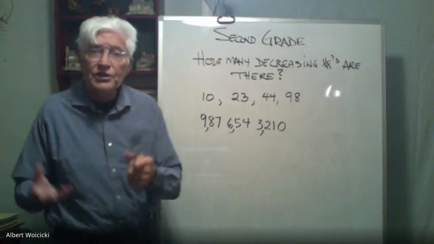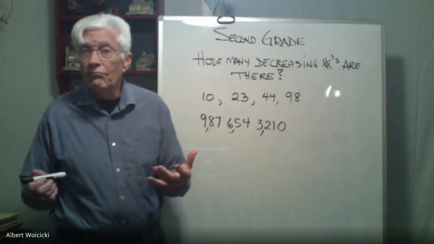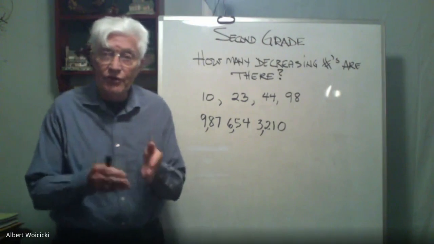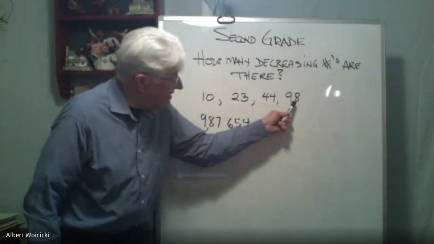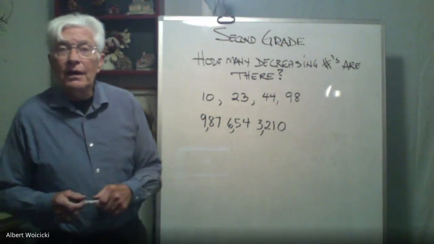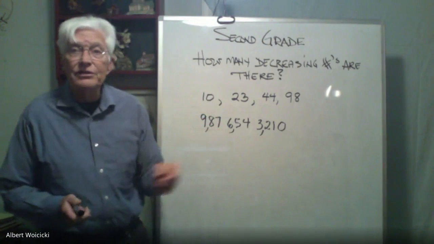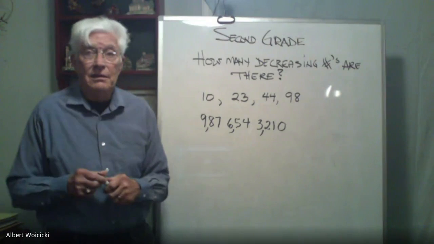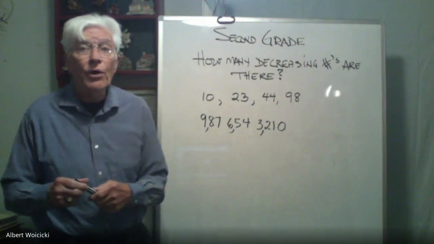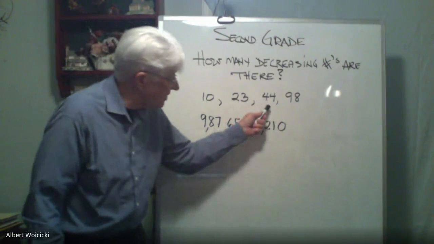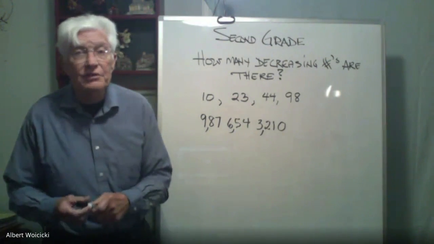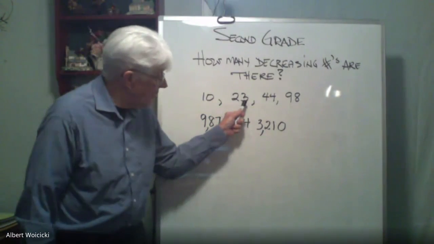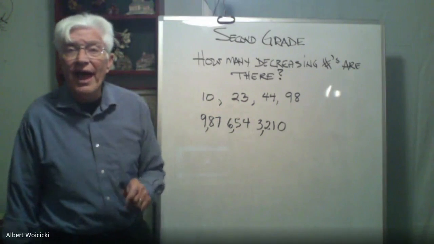10 is your first decreasing number. 1, 0, because 0 is less than 1. That's your first decreasing number. Now, 98 is your last 2-digit decreasing number, because your next 2-digit number is 99. 99 doesn't work because 9 and 9 are the same, just like 44. 44 is not decreasing because the 4 and the 4 are the same. 23 doesn't work because the number to the right is bigger than the one on the left.